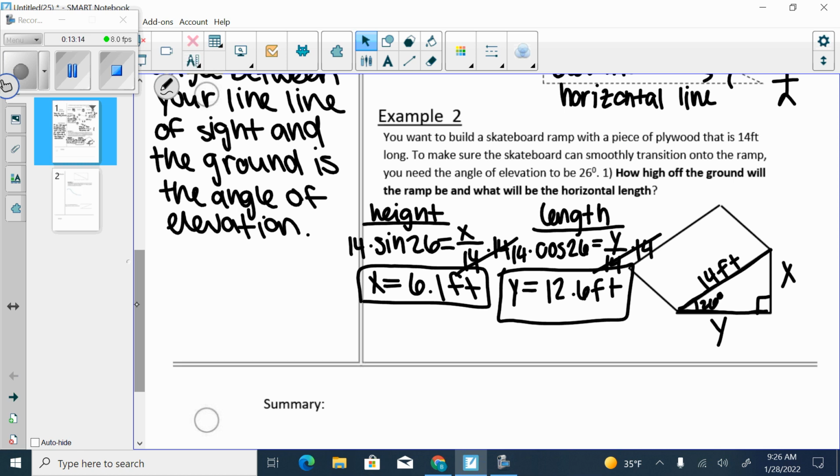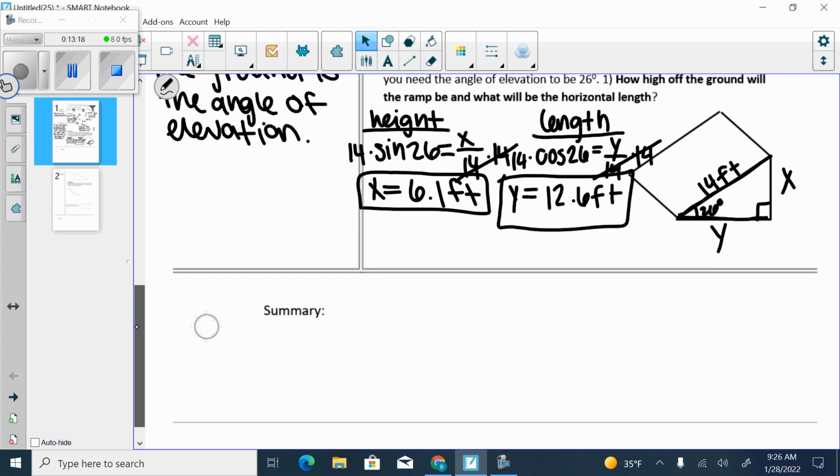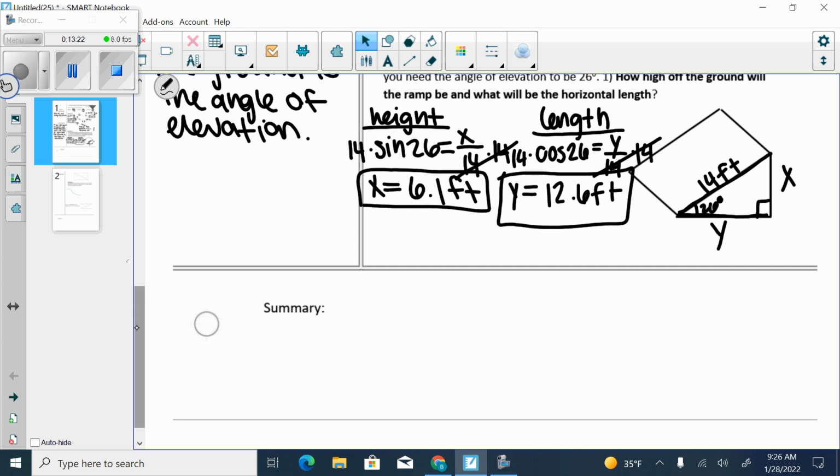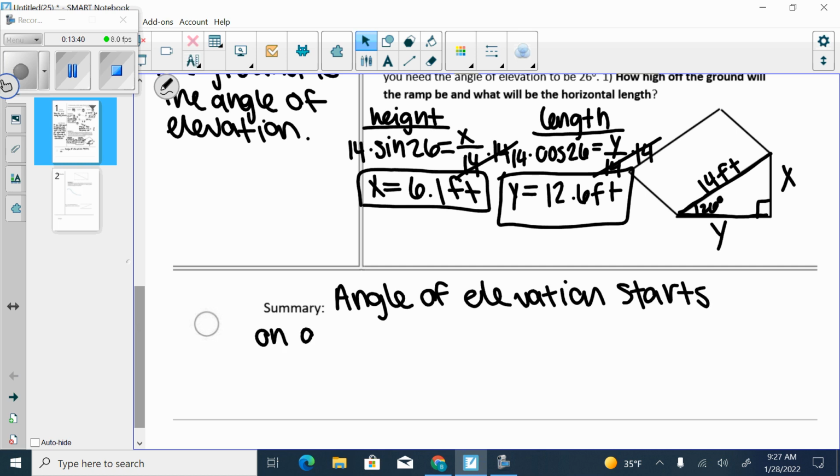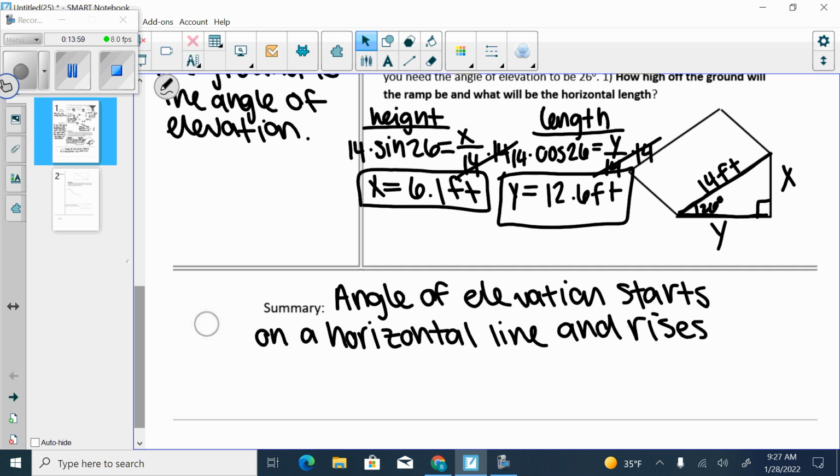So, our big takeaway from the front page, or our summary that we're going to write here at the bottom, is an angle of elevation starts on a horizontal line and rises to an object along a line of sight.